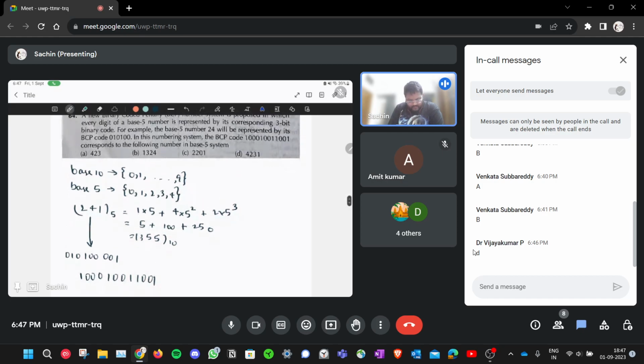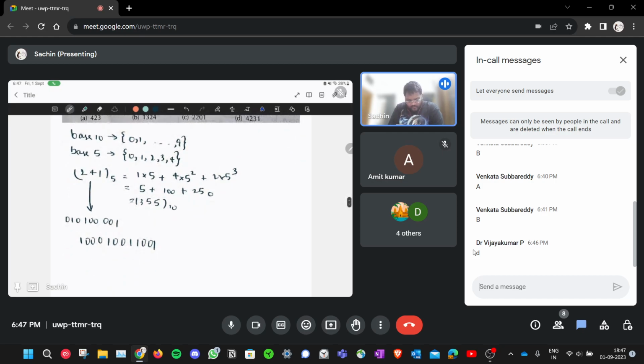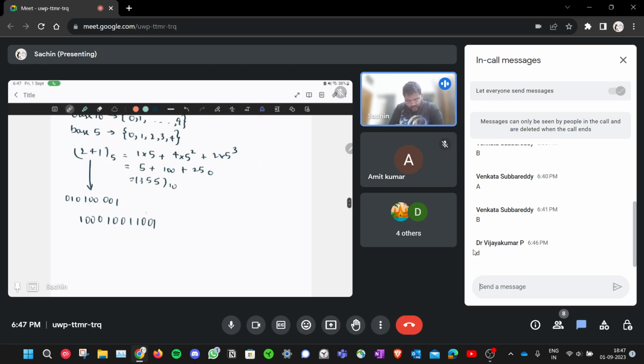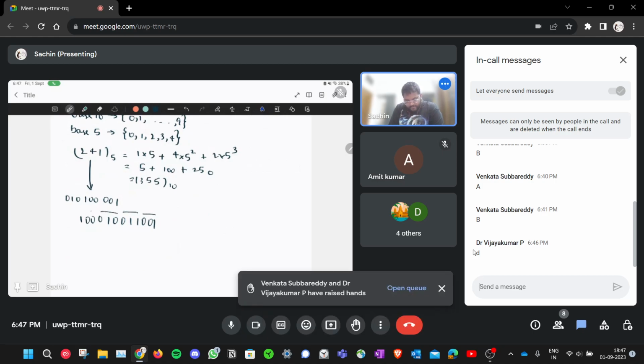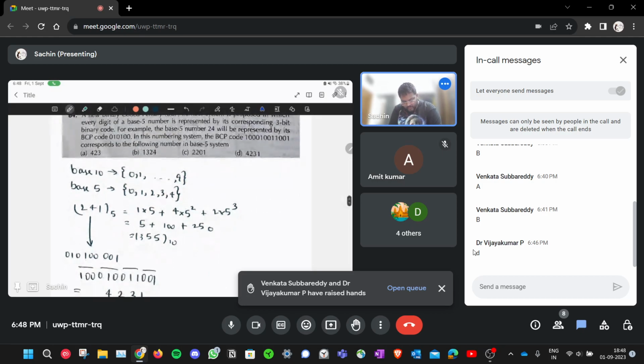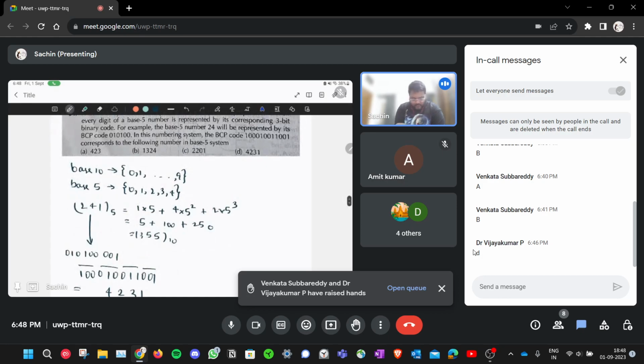So every digit is represented by a 3-bit number, so you have to group 3 bits, and to the left of the decimal point you have to start from the LSB and go towards the MSB. So you start here for the grouping, and this is 1, 3, 2, and 4. So that's 4, 3, 2, 1. That's option D.